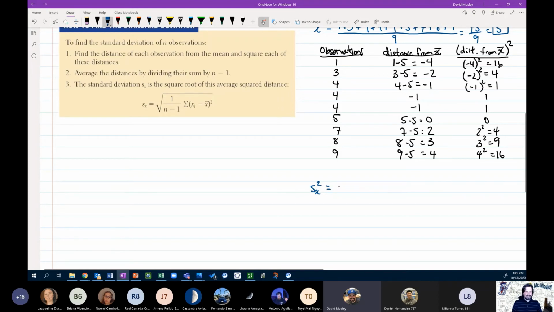We'll do that by adding up our numbers. We have 16 plus 4 plus 1 plus 1 plus 1 plus 0, 4, 9, and 16, divided by 9 minus 1.